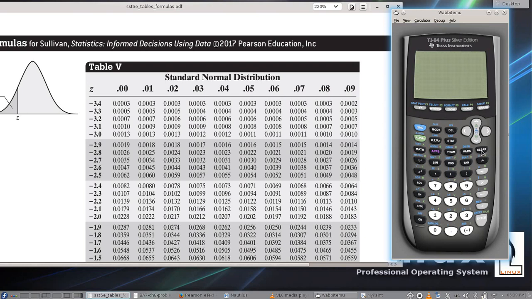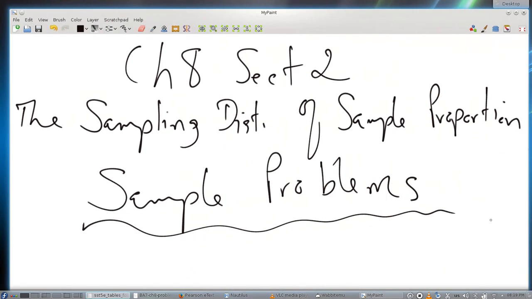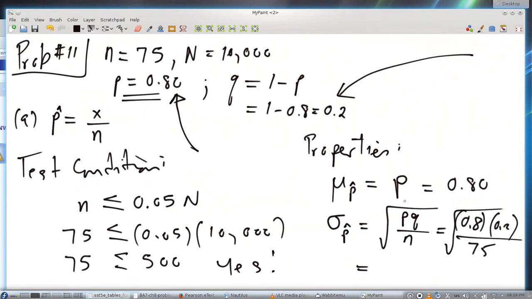So we have basically the square root of 0.8 times 0.2 divided by 75, the whole thing under the radical, and that gives us 0.0462 or 0.046.